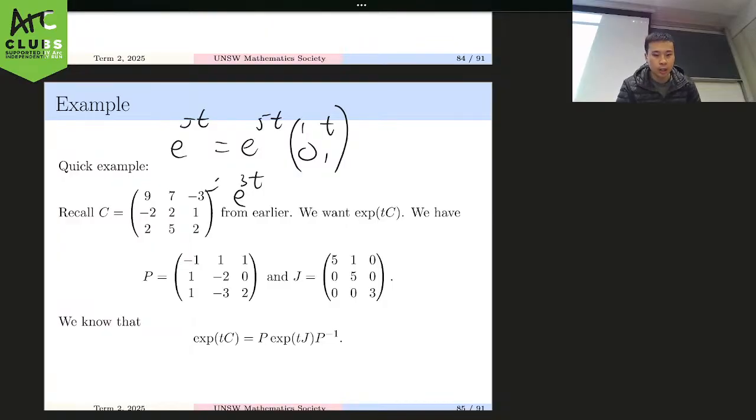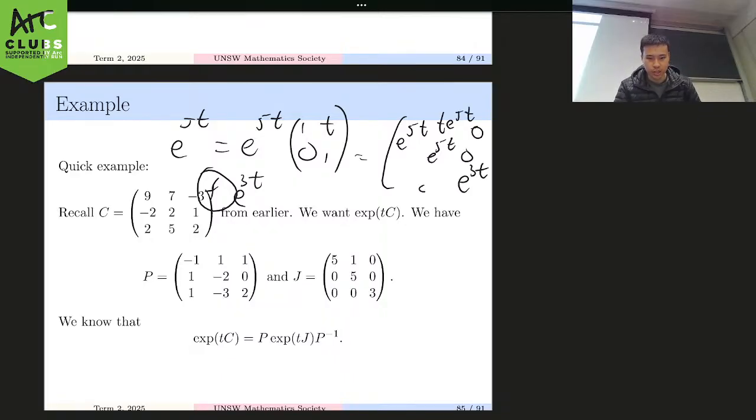So we're combining these, the direct sum of those two blocks. So it's equal to e to the 5t, e to the 5t, and te to the 5t, but then this thing down here is e to the 3t. Obviously everything else is 0. So that is the exponential of the Jordan block.